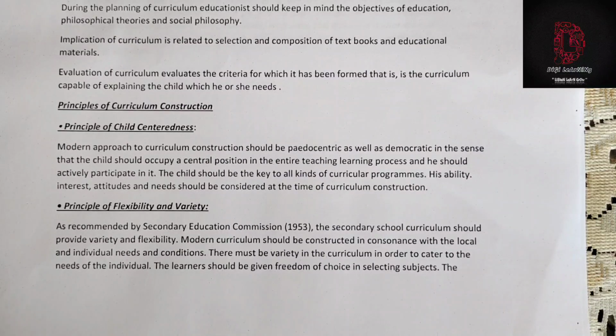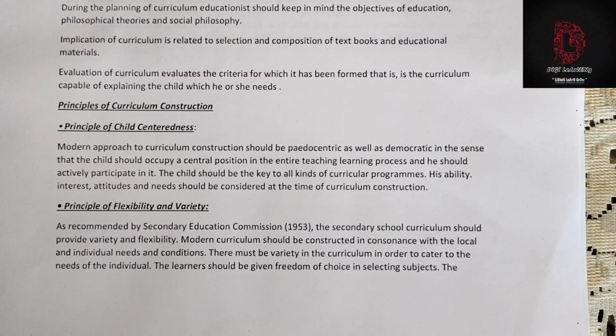Next is the principle of flexibility and variety. As recommended by Secondary Education Commission, that is SEC, 1953, the secondary school curriculum should provide variety and flexibility. Modern curriculum should be constructed in consonance with the local and individual needs and conditions.